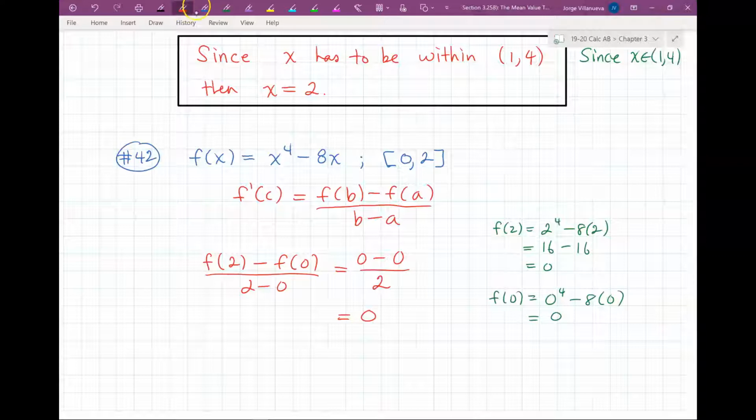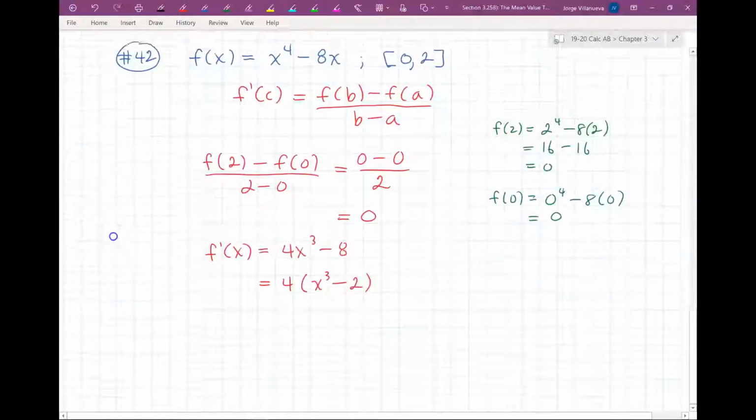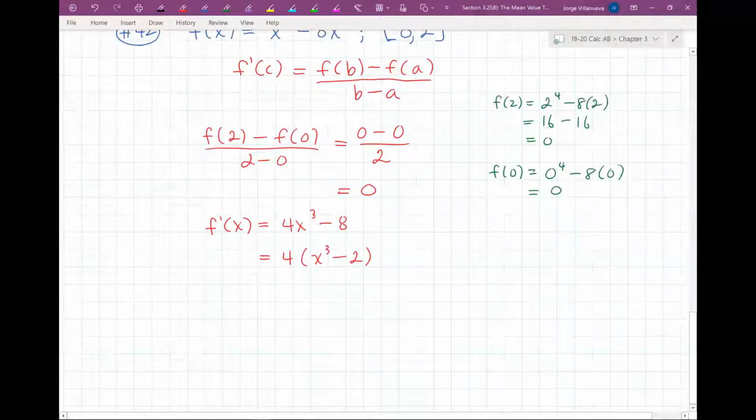All right, let's take our derivative. So we know what f of x is, so f prime of x is equal to 4x cubed minus 8. I'm going to factor out a 4, that's 4 times x cubed minus 2. And we're going to set 4 times x cubed minus 2 equal to 0.